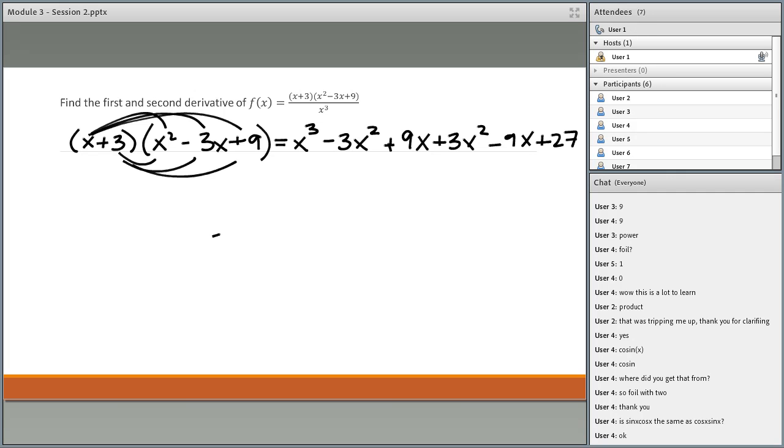And the nice thing here is that things start to cancel, and I have a bunch of x terms and constants with exponents, so I could use the power rule on all of those terms. It's easier than using the product rule, which we could have also done earlier. The minus 3x squared cancels with the 3x squared. The plus 9x cancels with the minus 9x.